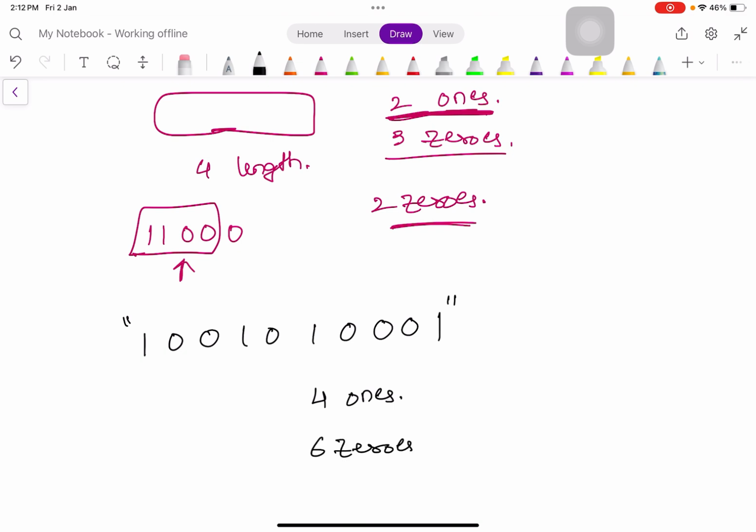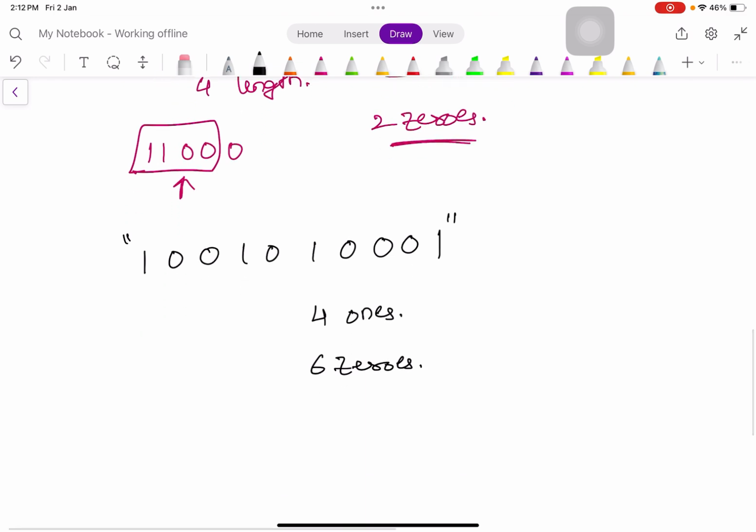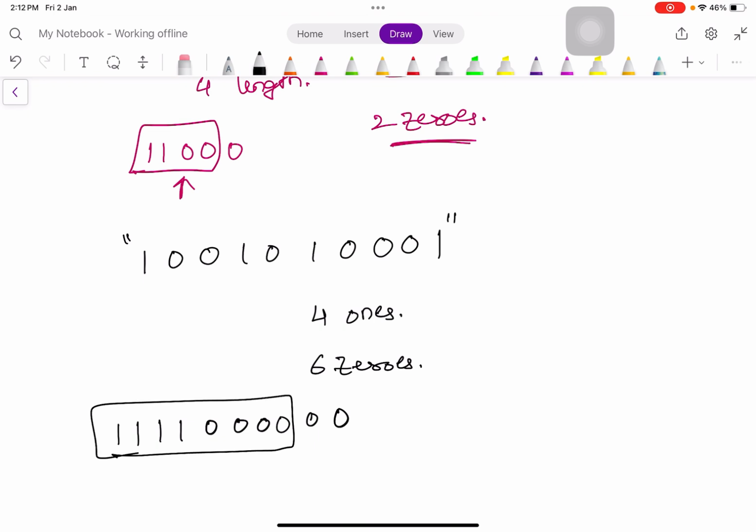In this we have more ones as compared to zeros, and clearly if I want the biggest good prefix, it can be found by placing all ones together and then all zeros together followed by 2 zeros. So the biggest good prefix will be of length 8.